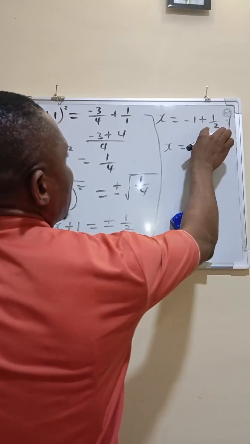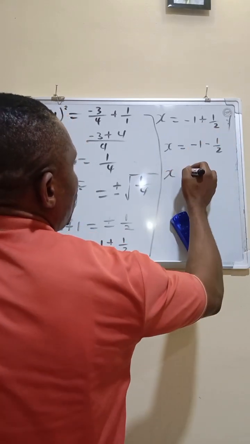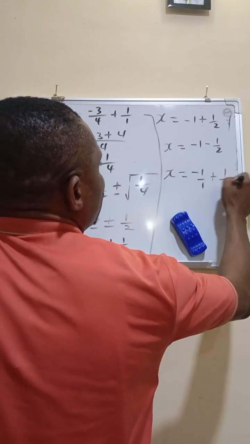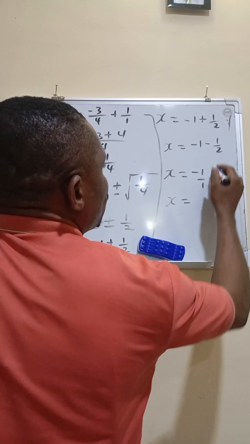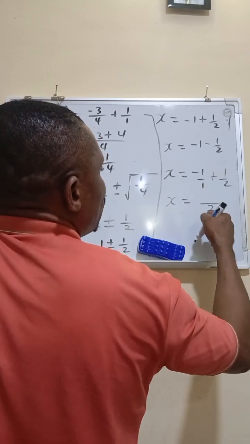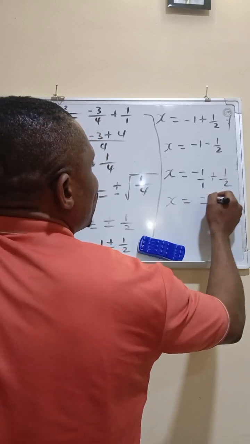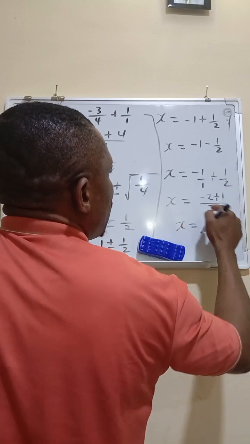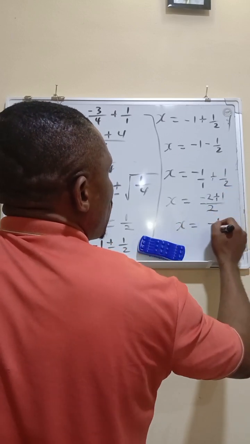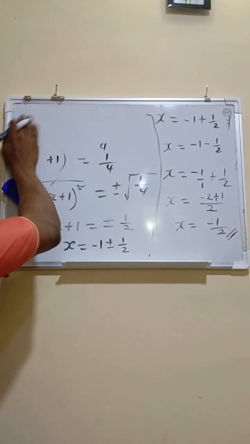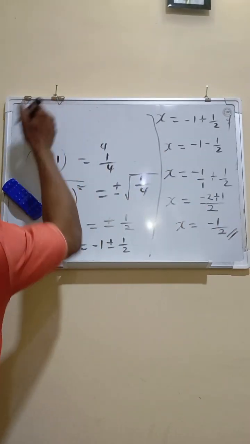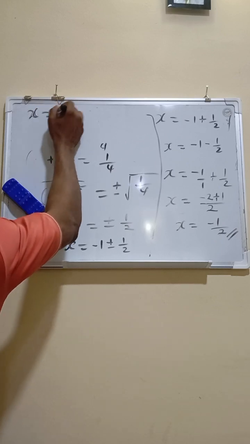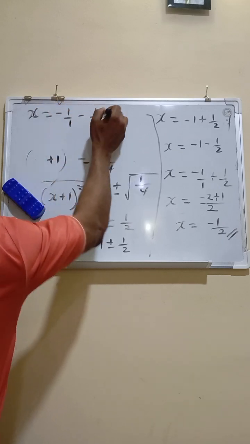So solve these now. x equals minus 1 over 1 plus 1 over 2. The LCM is 2. 2 times minus 1 is minus 2, plus 1 times 1. So x equals minus 2 plus 1, which is minus 1 over 2. Now the other one: x equals minus 1 over 1 minus 1 over 2.